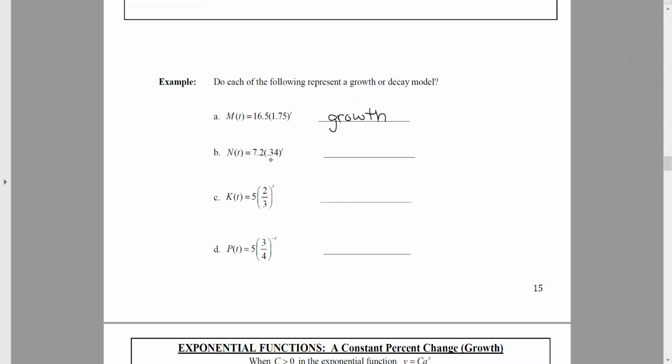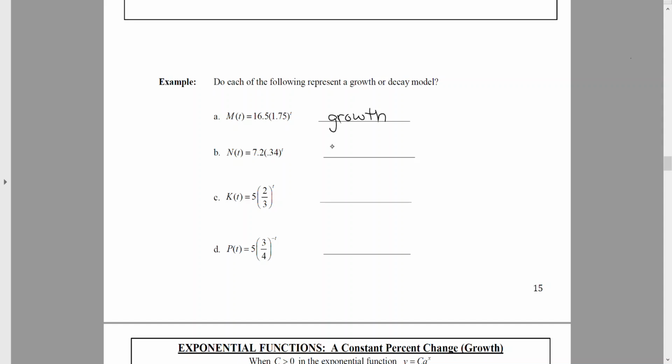If I take a look at the next one, though, as t gets bigger and bigger, we're multiplying by 0.34 each time. So our initial amount of 7.2 is going to be multiplied by 0.34 for each value t we increase by 1 unit.